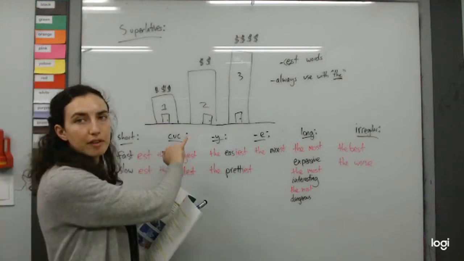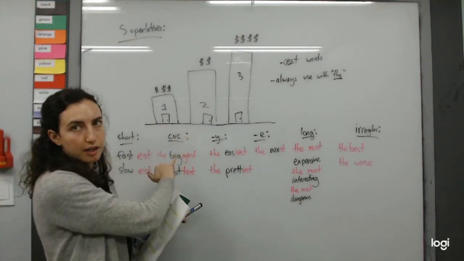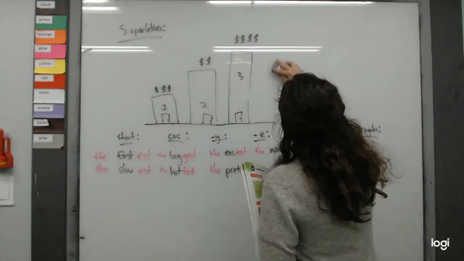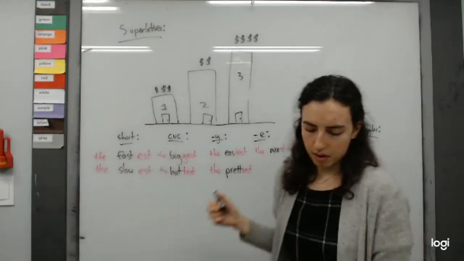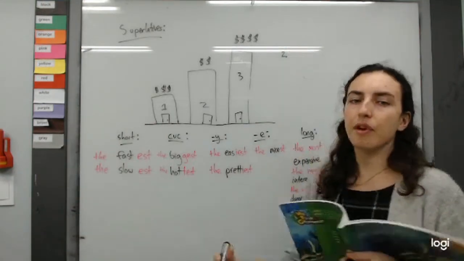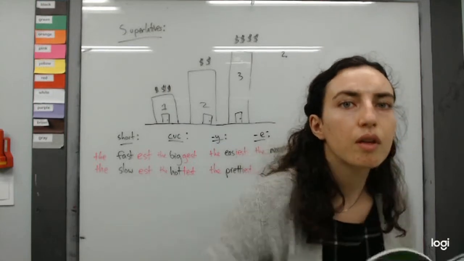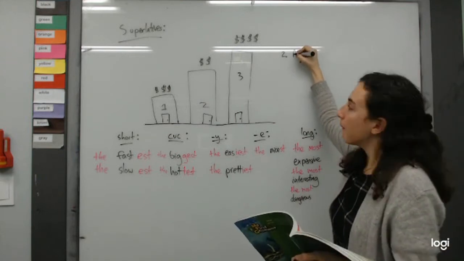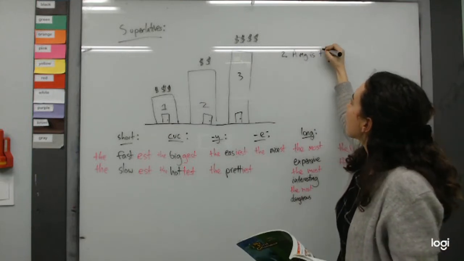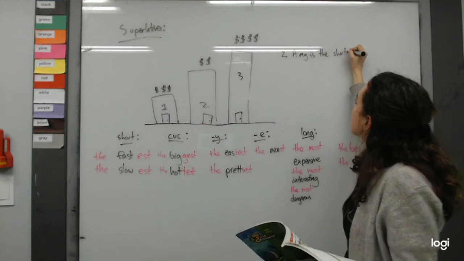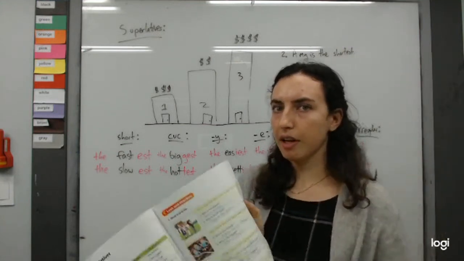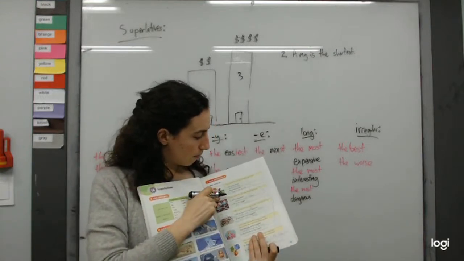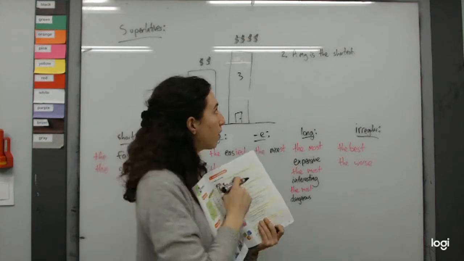I'm going to erase some of this, so please pause the video and finish taking notes if you want to take notes. Okay, so question number 2, who is the shortest? We can write Amy is the shortest. Look at the video or look at the book, you can see Karen, wait, no, this is wrong.